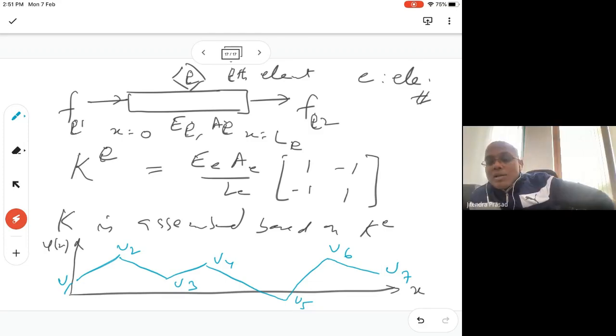No, continuity is already made sure, because at a node, both the elements have the same displacement. So automatically, whatever solution you get, it is continuous. You don't have to put in extra effort. By design, it is like that, right?